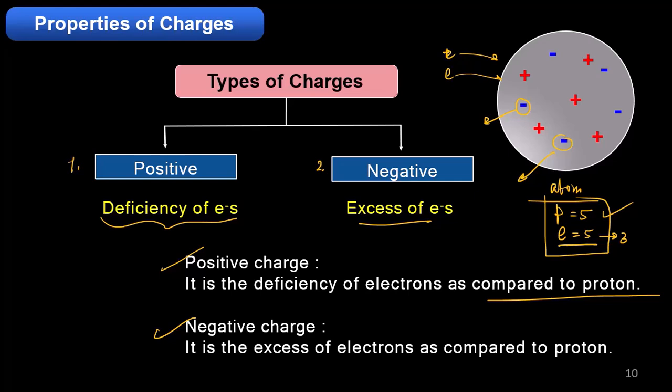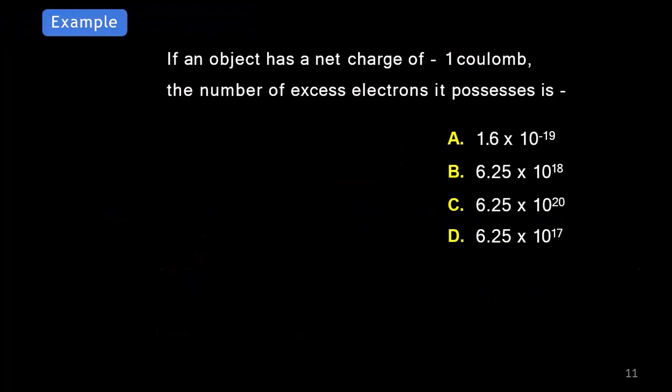Easier is to remove the electron. So transfer of charge is nothing but the transfer of electrons. Charge may be positive or negative depending on protons. Every time you have to compare with respect to protons: how many electrons are there, more or less, and depending on that I can say whether it is positive or negative.